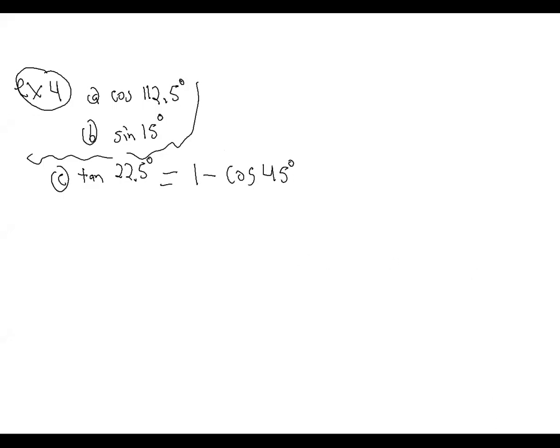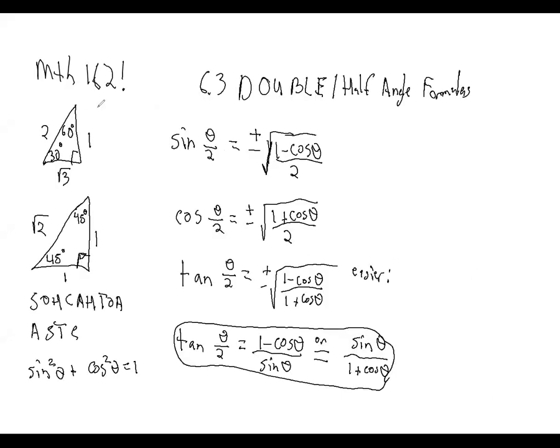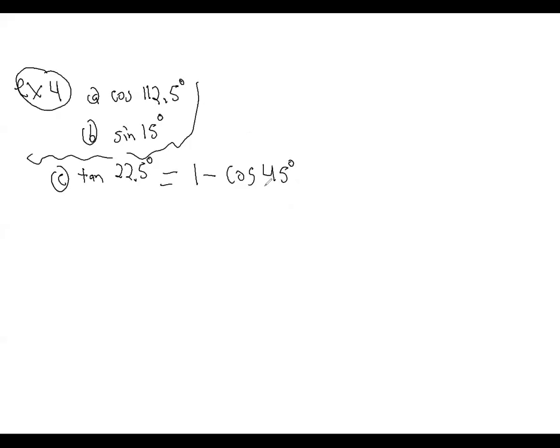I even wrote that triangle over here with my nice pretty handwriting. So you got your 1, 1, square root of 2 triangle. So we're going to be using that guy. So 1 minus cosine of 45 over, let's finish the formula, and that should just be a sine of 45 degrees.